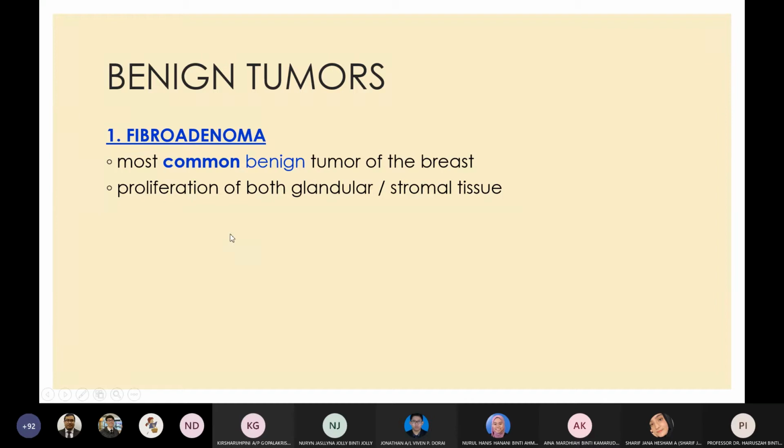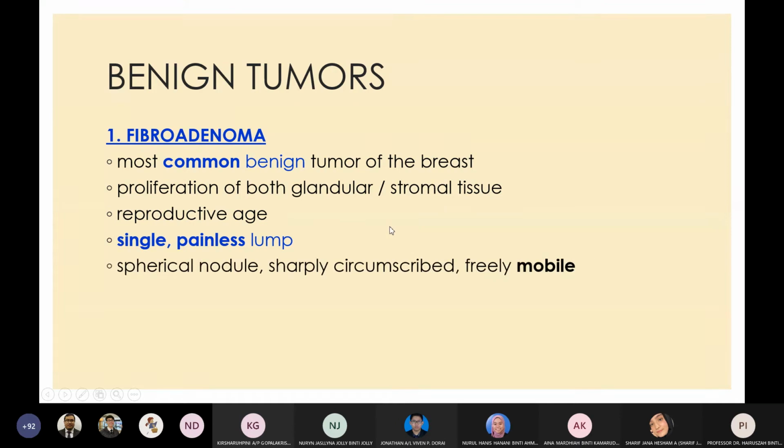It's proliferation of both glands and stroma. This is the common age presentation. Once they are of reproductive age, that means once they have attained menarche. Sometimes patients come as young as teenagers, but the usual age is between 20 and 30. Common presentation is a single lump, which is painless, small, very, very mobile.